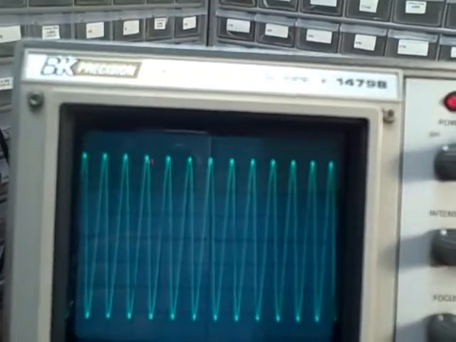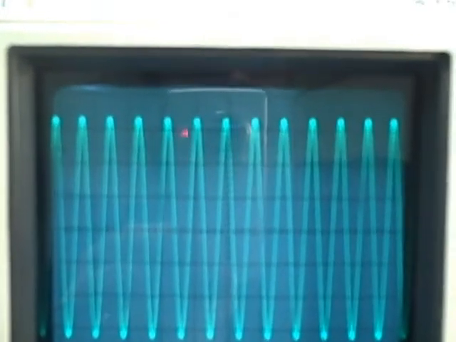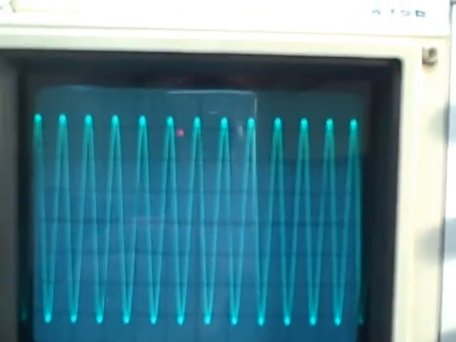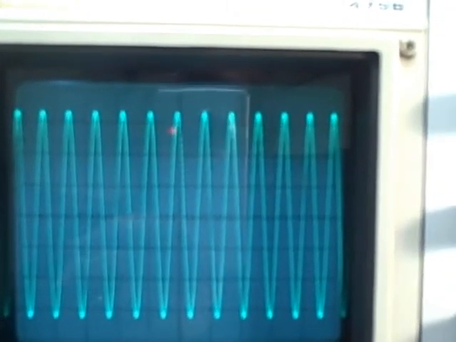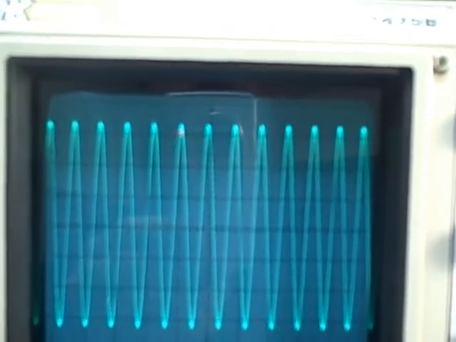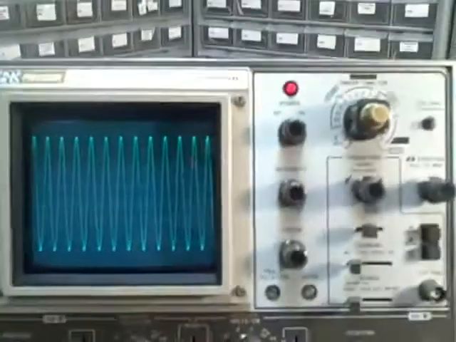And what I see is we are just slightly better than channel A. We are coming in about 3.2 divisions up and down. So we actually have just slightly better frequency response on channel 2 than we did on channel 1, but both of them beat the 30 megacycles bandwidth that it is rated at. So the scope is checked out.